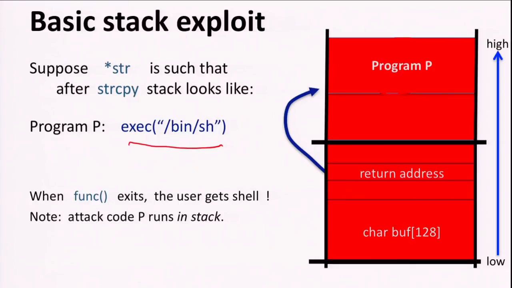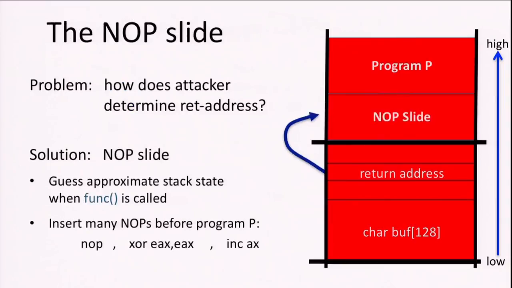So this is really bad, but this requires a lot of calculation on the part of the attacker, because it has to exactly calculate where this program P starts, and then make the string so that the return address is exactly pointing to the start of the program P, which is basically probably the exec code.